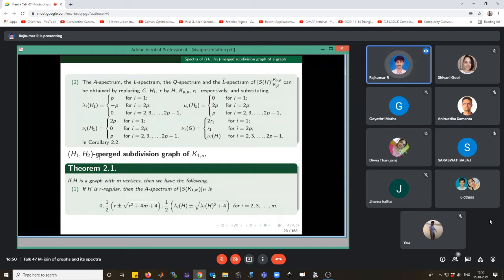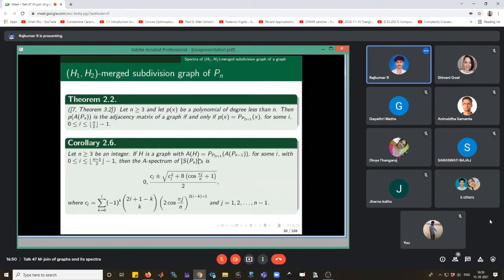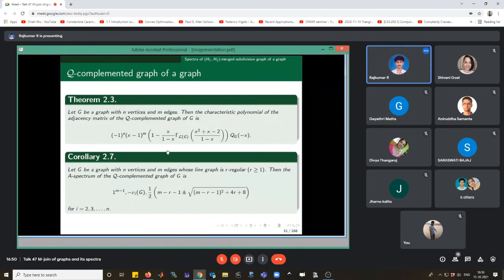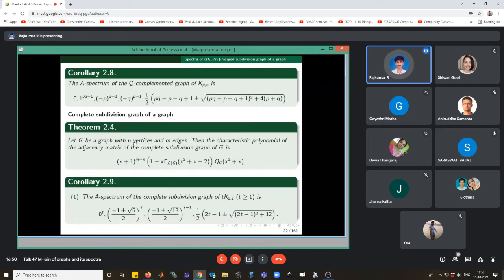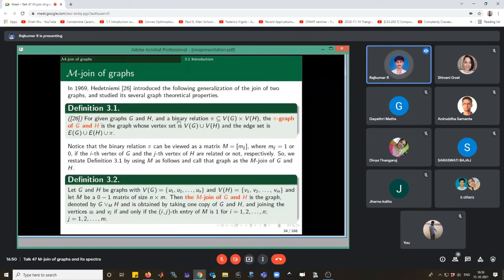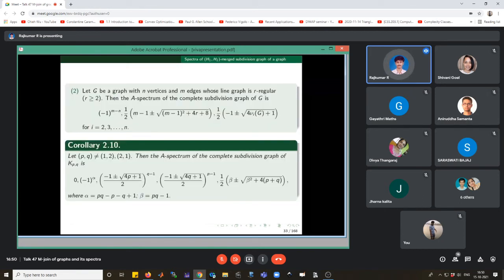This is the H1 H2 merged subdivision graph of the star graph, and then the H1 H2 merged subdivision graph of the path graph. Then for the Q complemented graph, we have the complete subdivision graph, all these results. So these are some results about these merged subdivision graphs.